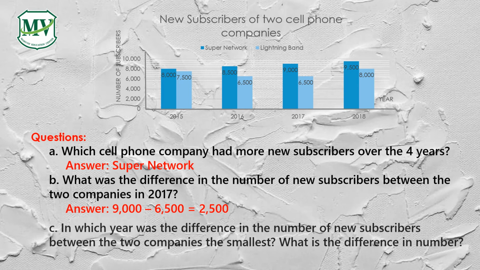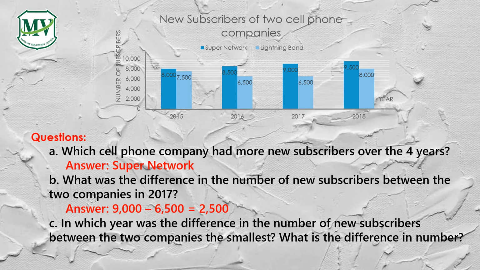Letter C. In which year was the difference in the number of new subscribers between the two companies the smallest? What is the difference in number? The answer is 2015. 8,000 minus 7,500 is equal to 500. Very good!